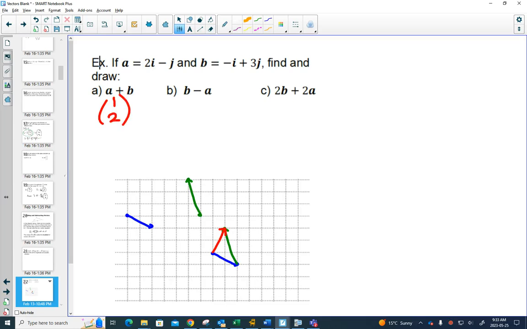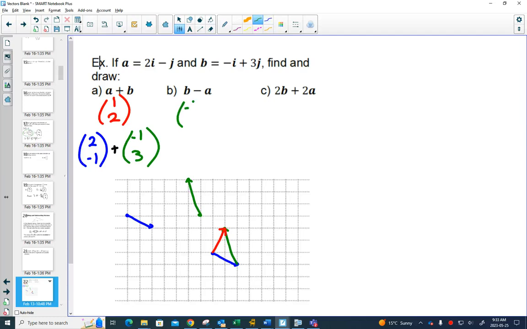I can write that as a column matrix. Okay? It's going to be annoying to draw them every single time. We're going to see if there is some way that I could possibly think of some mathematics. If A is 2 and negative 1, and B, which is the green one, is negative 1 and 3, how could I possibly get the answer just looking at the column matrices?